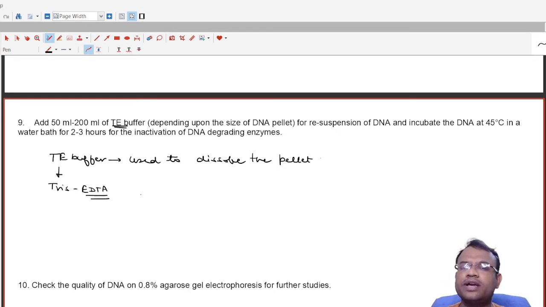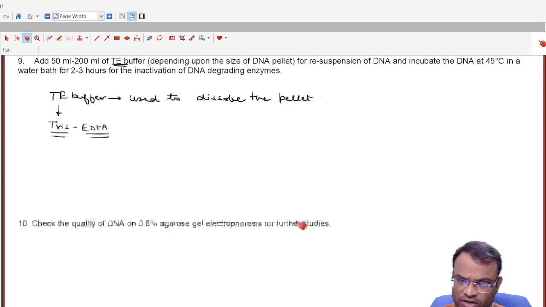You do not want any DNases to cleave your DNA, and Tris basically is used to solubilize the nucleic acid. So TE buffer is used for suspending or solubilizing the DNA material. This will prevent the activity of any kind of nuclease, plus it will allow the proper solubilization of the DNA that you had obtained.